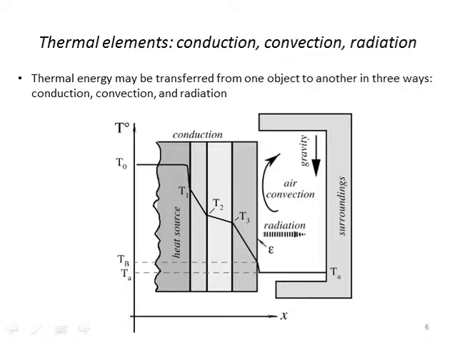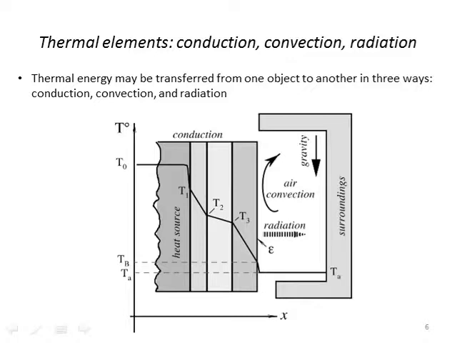So if we have a heat source that's located on the left part of this slab that contains 3 materials on top of the heat source. Now, if we have a heat source, it's going to want to share its temperature with anything that's in contact with it. It's to get rid of its heat somehow.